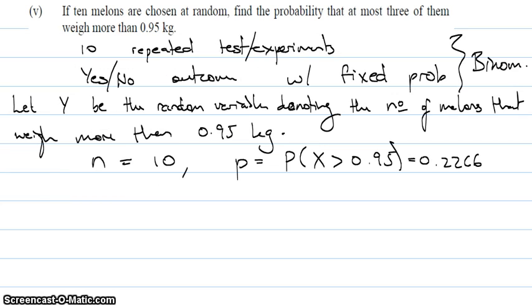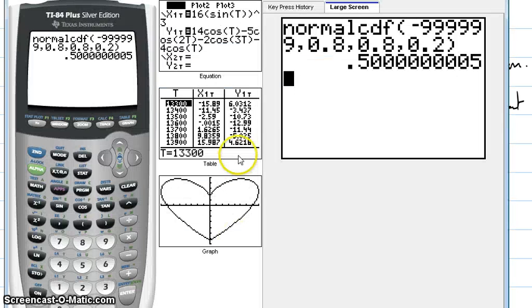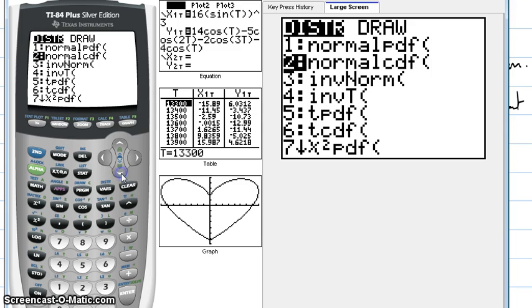So what do we do? Well, y then is binomially distributed 10, 0.2266. So I want the probability that y is at most 3, so y is less than or equal to 3. So this is just binomial CDF. So I can go to my GC, second function, distribution.